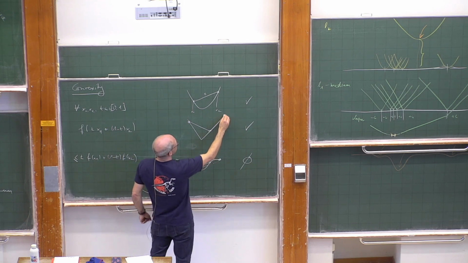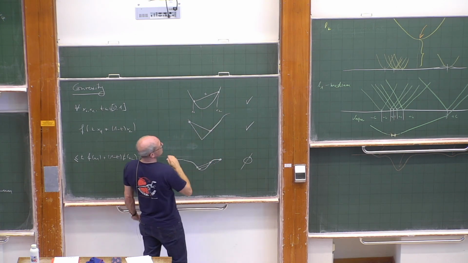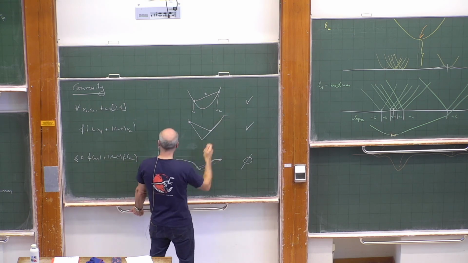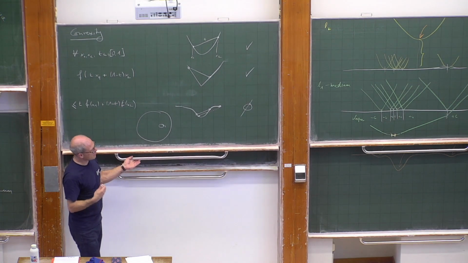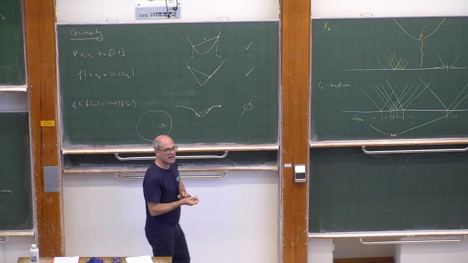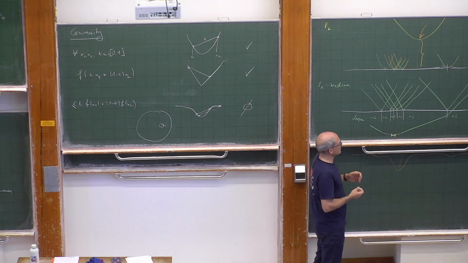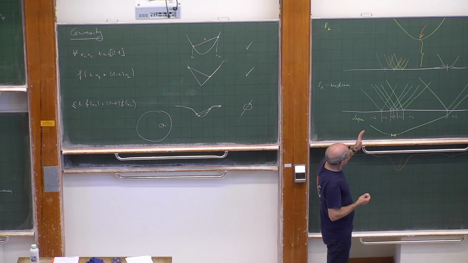Because this function here is convex, but if it were bending back any so little bit, it would no longer be convex. All right, and this is why L1 is a very popular choice. We will see it again when talking about regression problems and regularized regression, that this is a fantastic choice. Okay.